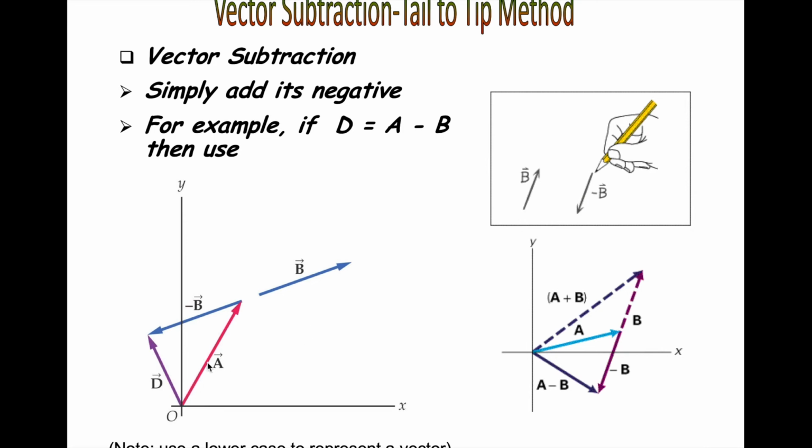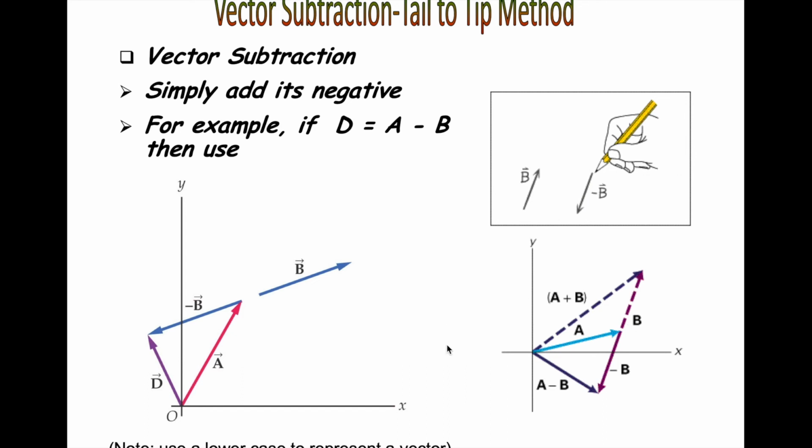So vector a is subtracted by vector b. What you do is you add it with the opposite of vector b. So vector b goes that way, negative vector b goes this way. So you do a minus b, and that gives you vector d.